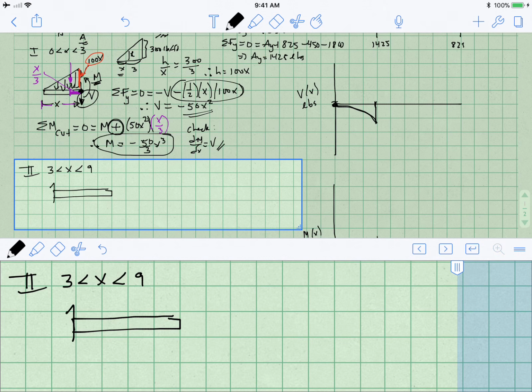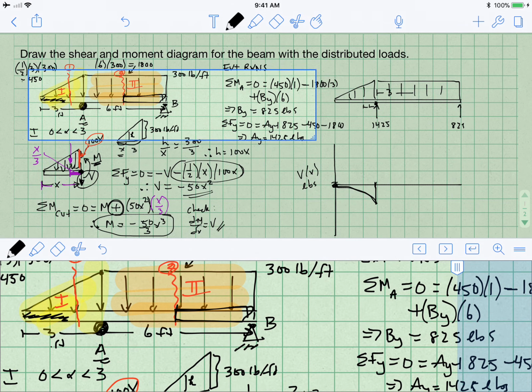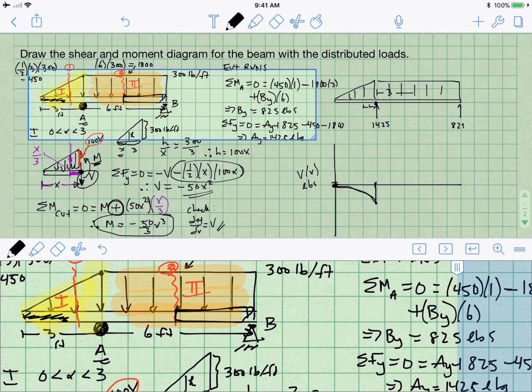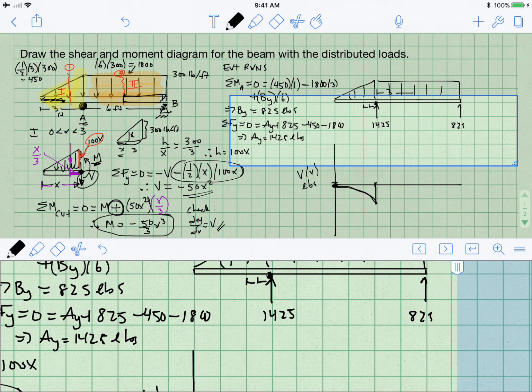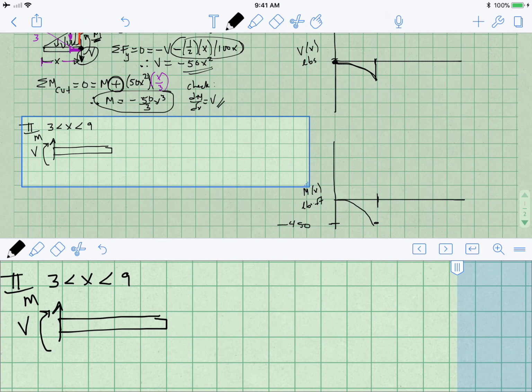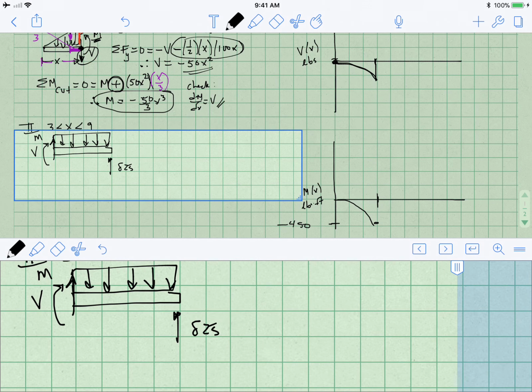So when you do the right-hand side of the beam, shear is drawn upwards, moment is drawn clockwise. And we have to be pretty careful not to drop any pieces here. So we have this reaction at B. Remember it was 825, so we must include that over here at B. We have to write 825. And then the other thing we have to figure out is this distributed load, right? So we have to come up with an equation to describe it.